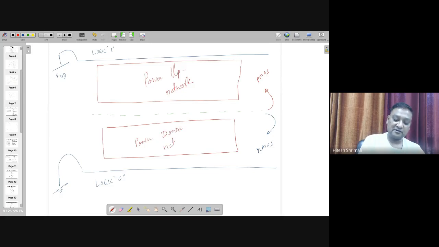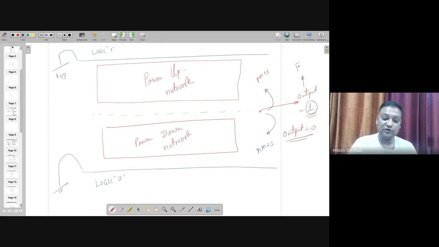The name is revealing: the power up network is the one connecting the output to the upside network, which means VDD, so the output becomes logic 1 when the power up network is on. When the power down network is on, the output goes to 0. When the output goes to 1, you are implementing whatever function is given to you.